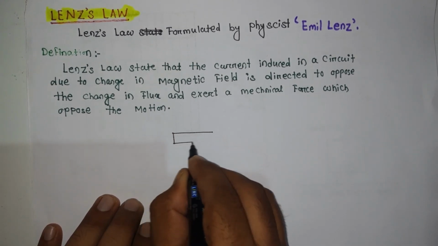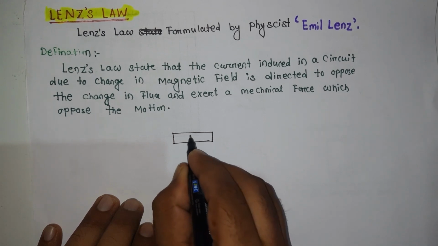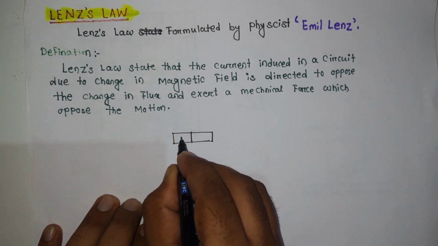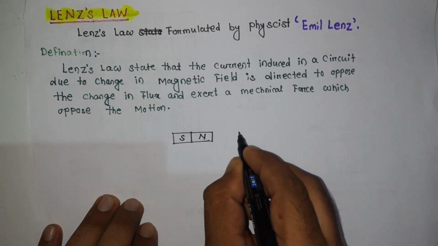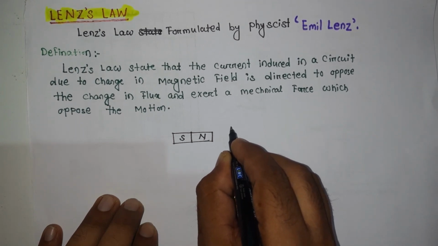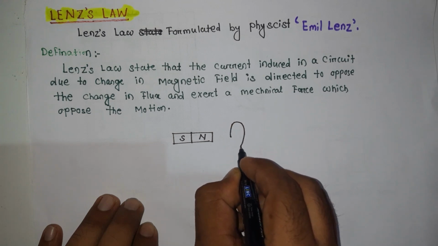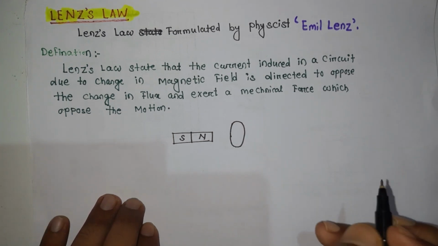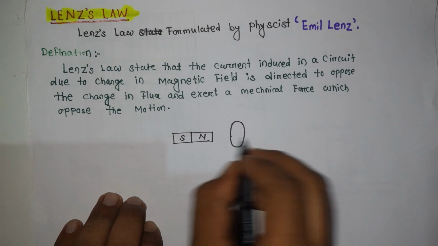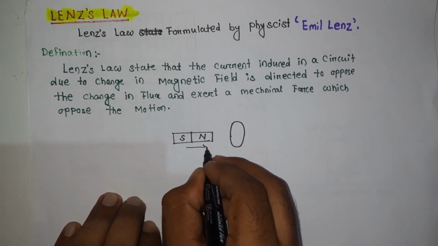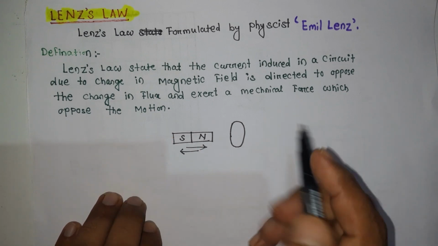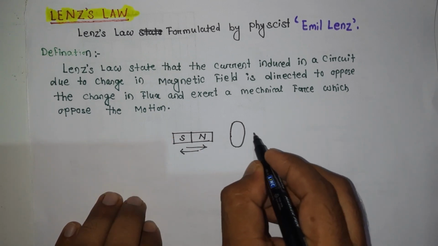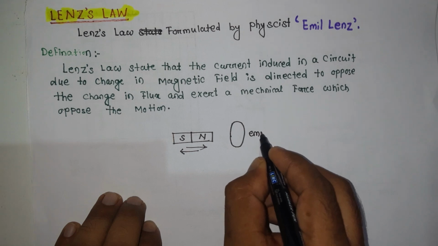In Faraday's law, we know that if there is a change in magnetic flux linked with a closed circuit or conductor, or movement towards or outside, it will induce an EMF.